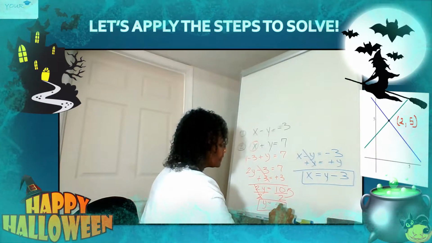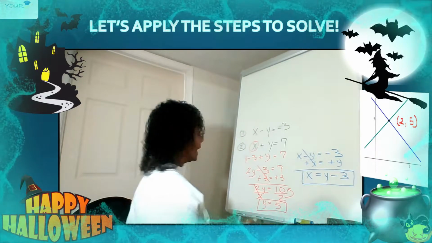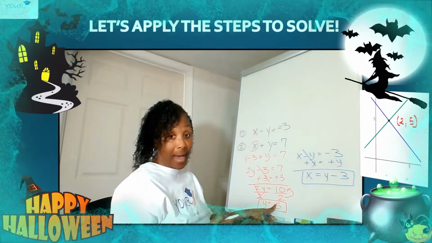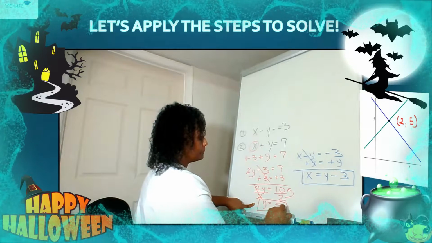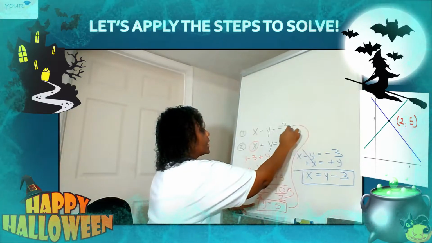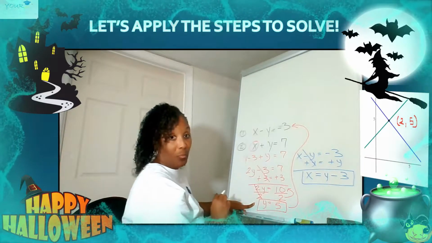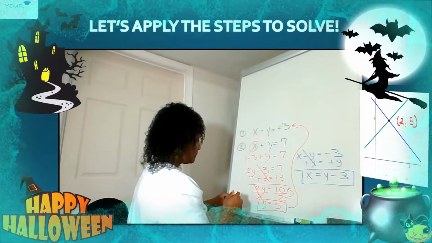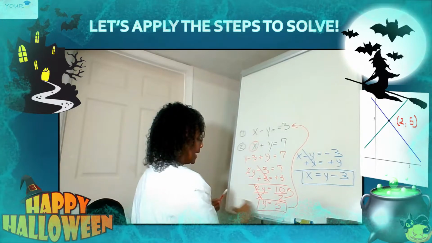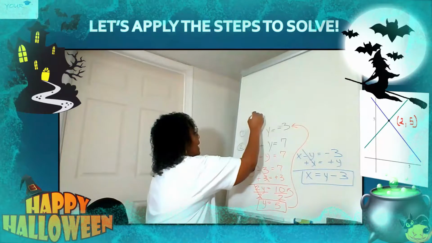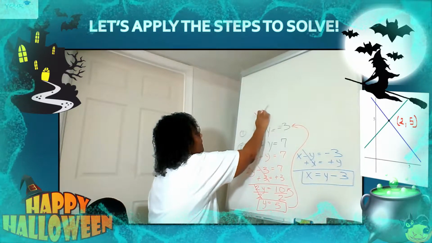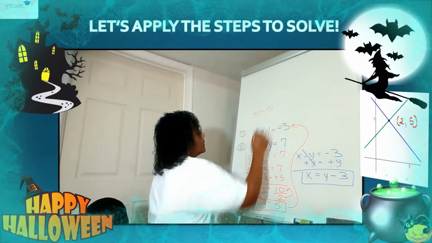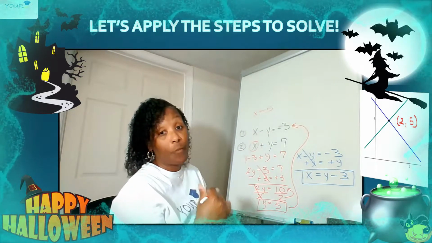So now I have the value for y, and I'm going to take my y value and insert this information into my original equation right here. So now let's do that. I have x minus 5, because now I need to solve for x.